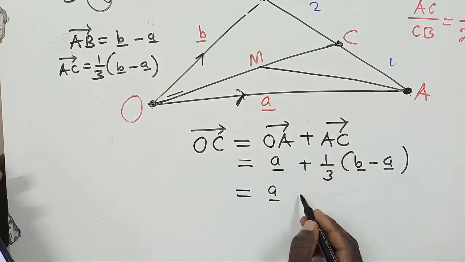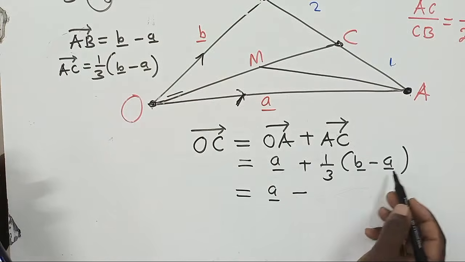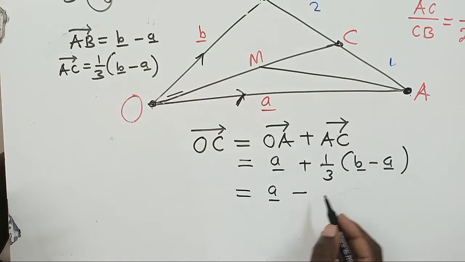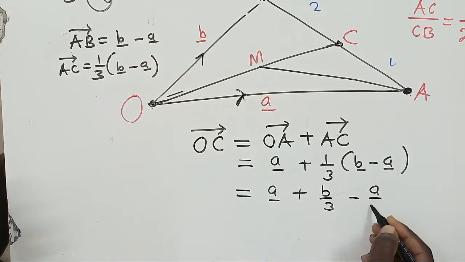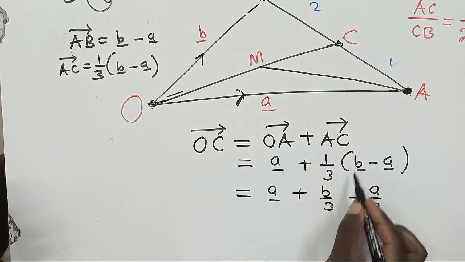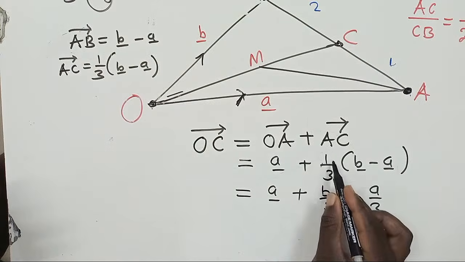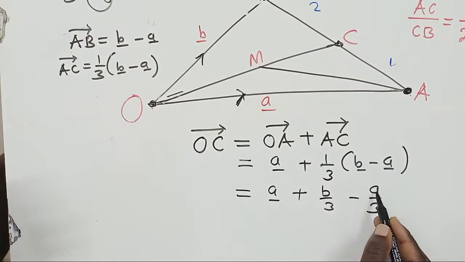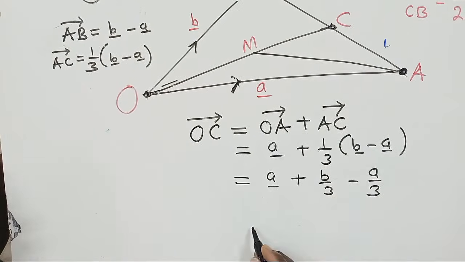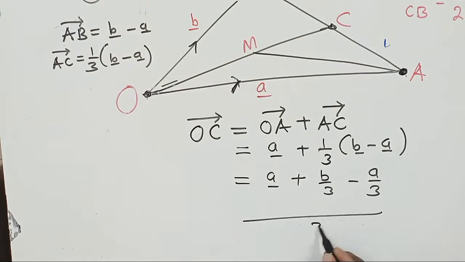This 1 over 3 can be distributed. You multiply it by everything. In other words, get rid of the brackets. So this is how it will look. 1 over 3 times B is B over 3. 1 over 3 times A times negative A will be negative A over 3. So you can find the lowest common denominator here, which is a 3.